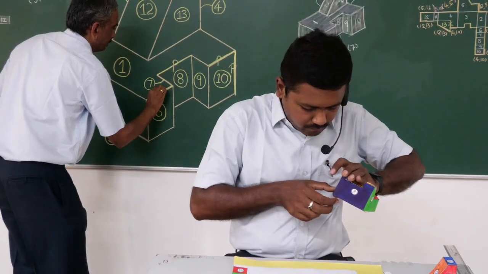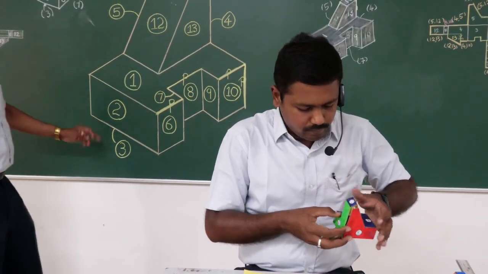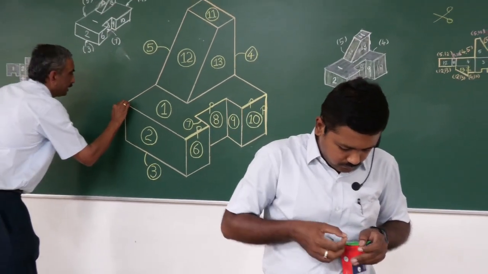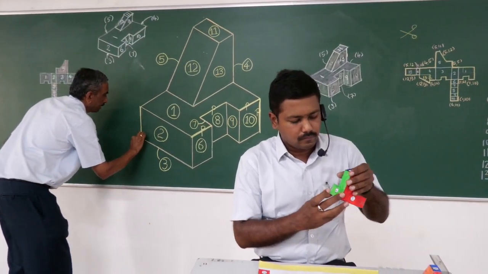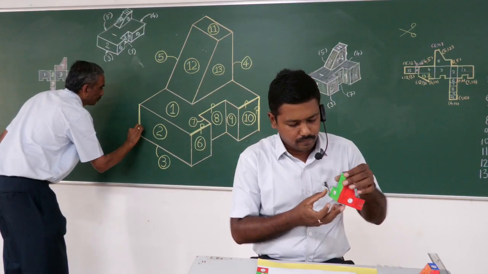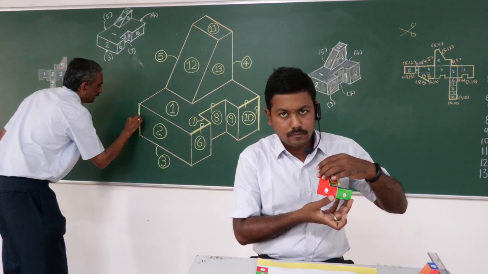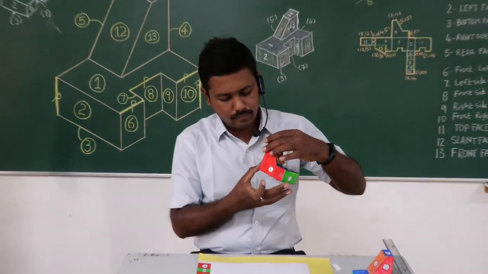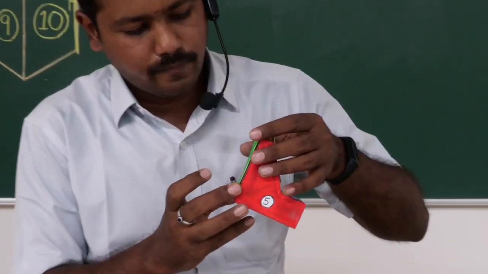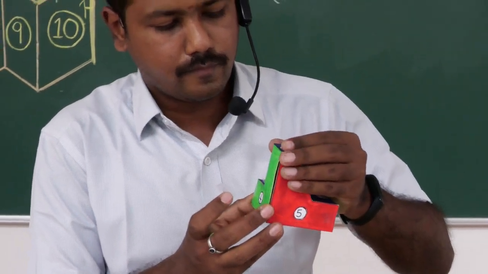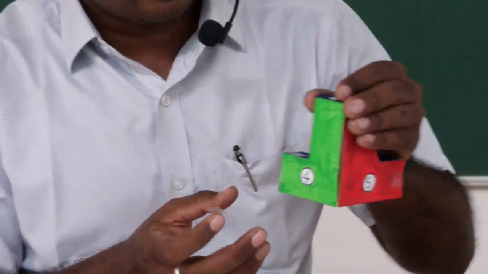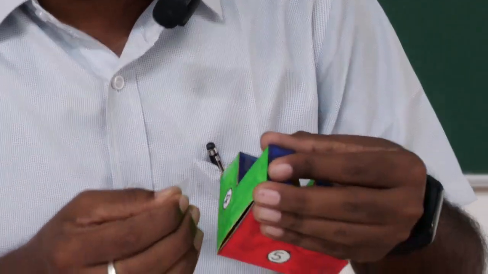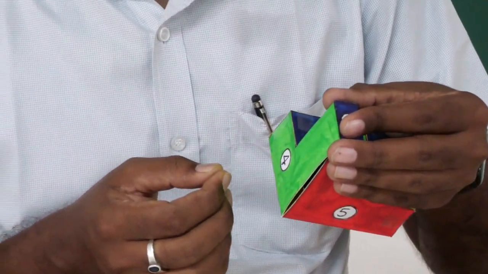So this is 2, this is 5, and this is the edge between the faces 2 and 5. Let me mark this as P, indicating the edges which are pasted. 1 and 6 is pasted, 1 and 8 is pasted, 1 and 10 is pasted, 4 and 10 are pasted, as well as 2 and 5 are pasted.